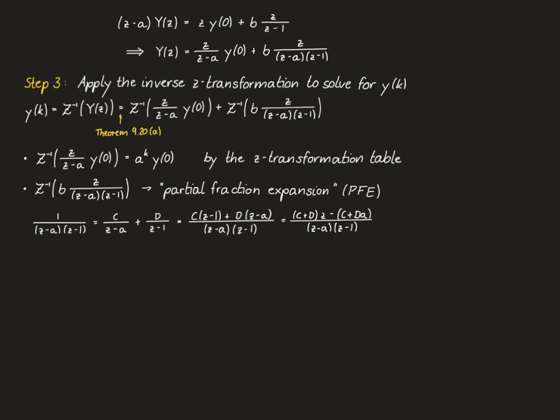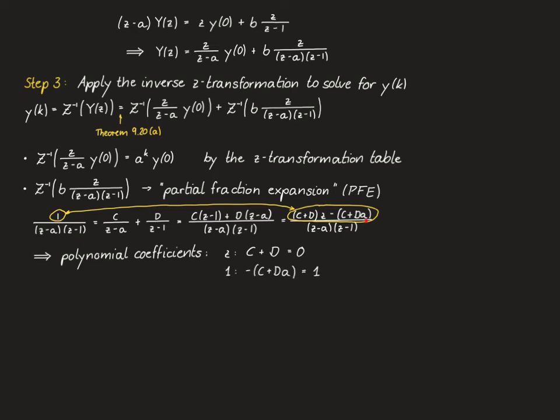A comparison of the polynomial coefficients of the numerator on the right-hand side with the numerator on the left-hand side leads to two equations for the two constants c and d. The first equation reads as c plus d must be equal to 0, and the second equation reads as minus c plus d a in brackets must be equal to 1.